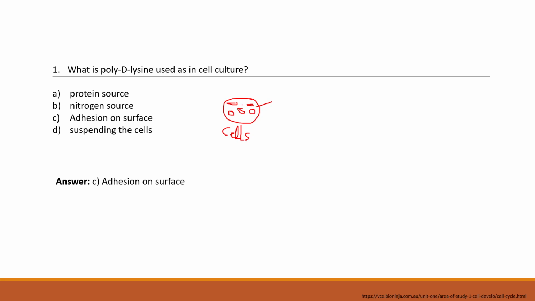For such cells there is a definite need for a surface adhesion molecule, because your semi-adherent and adherent cells are epithelial-like or endothelial-like cells which need a base to adhere. When they want to adhere, they need some molecules on which they can sit. Only then will their attachment be strong.